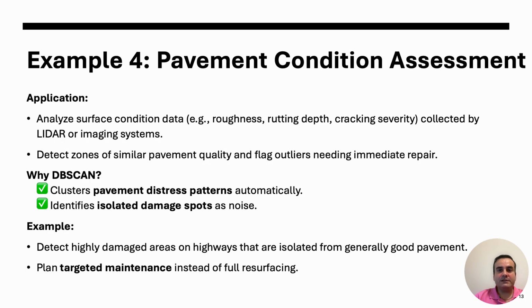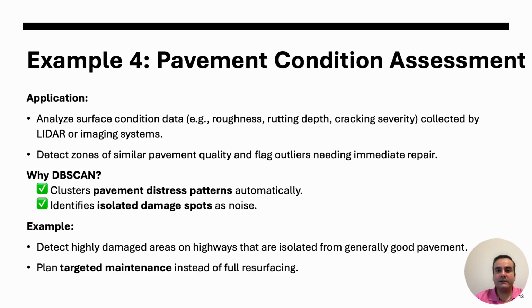In pavement condition assessment, we are clustering surface metrics such as roughness, rutting depths, and cracking severity collected by LiDAR or imaging systems. The goal is to find zones of similar pavement quality and to flag outliers that need immediate repair.